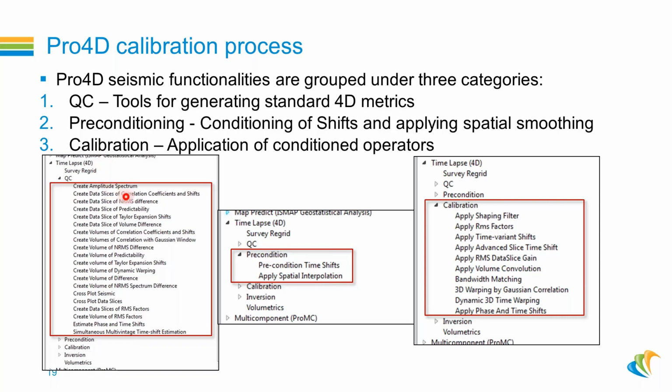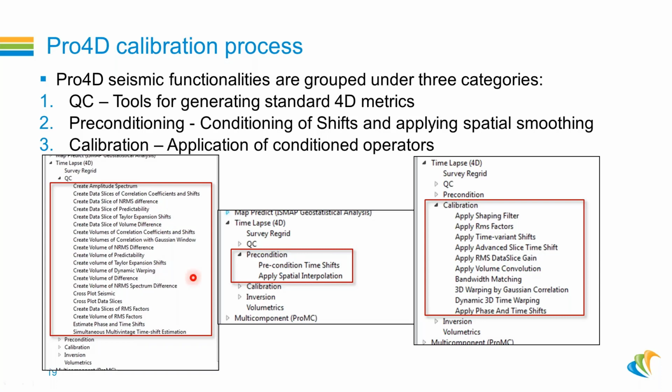For example, you can calculate correlation coefficients and shifts, normalized RMS differences, and predictability. These are tools used for estimating how similar the monitors are to the reference survey. For example, you can calculate area expansion, etc. So we have several options to calculate these metrics.